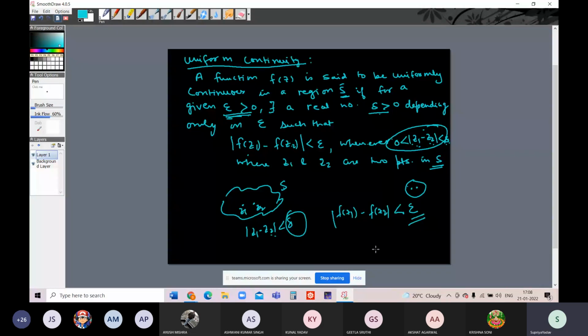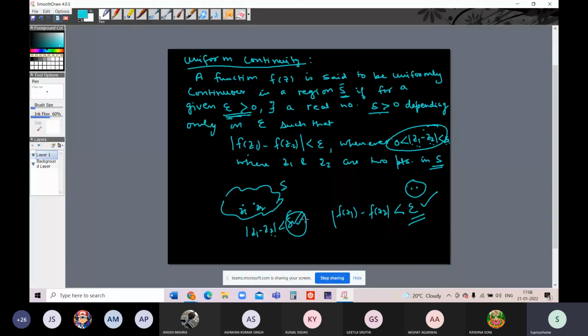where this delta depends on this epsilon. If epsilon gets smaller, then correspondingly delta will also change. It does not depend only on z1 and z2.